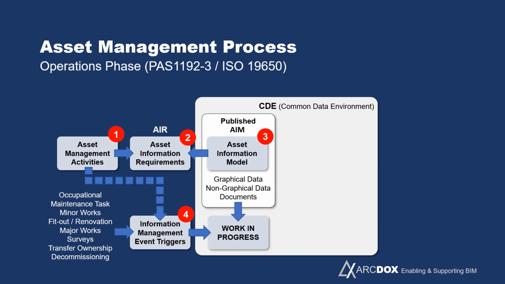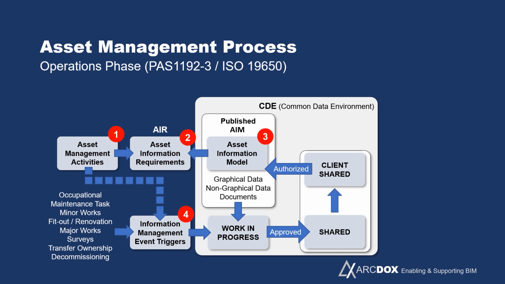And in the same way, the common data environment is updated. Work is taken out of the asset information model, worked on, updated, shared, checked, finally approved, shared with the client, who then authorizes that to be submitted back to the published version of the asset information model, and anything that gets changed gets archived and put back for historical purposes.